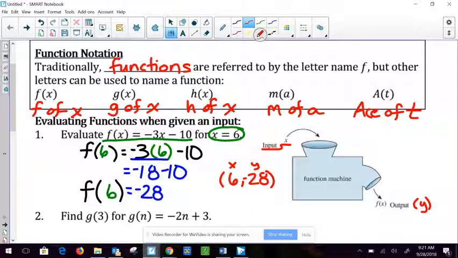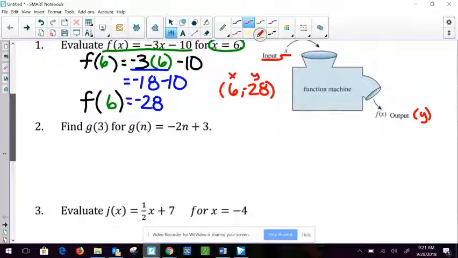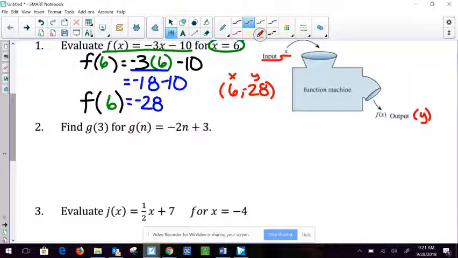Let's try another one. If you look at example 2, it says find g of 3 for g of n is equal to negative 2n plus 3. If you notice here, I have a 3 and it's in the n position. Do you all see that? My 3 is in the n position. So what it's telling me to do is take out the n and put a 3 in its place.